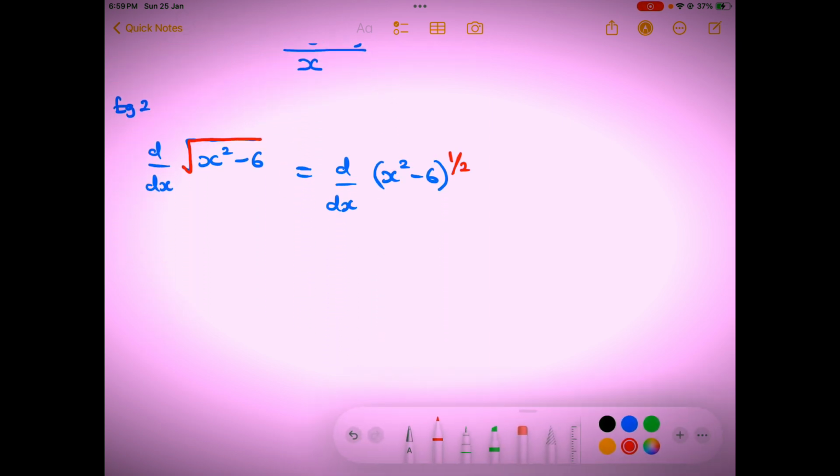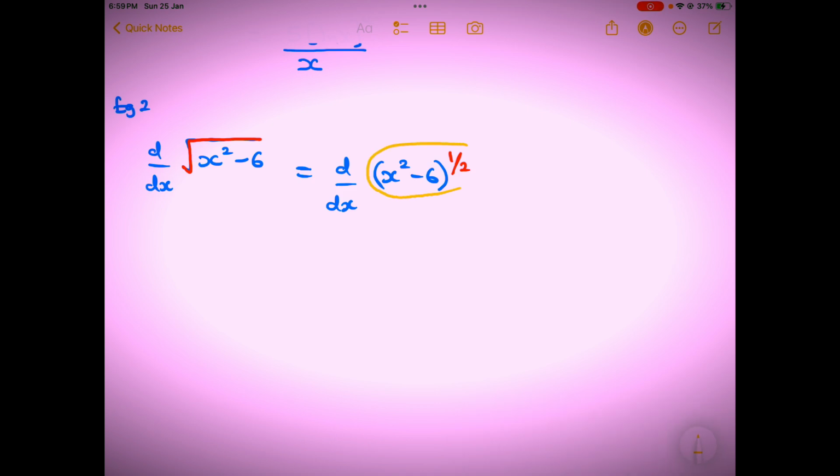So guys, from here we are not done. We are now going to take the derivative. So first, we are going to take the derivative of the outside function. This is the outside function, everything. We can take the derivative of this by using the power rule. According to the power rule, this power 1 over 2, I'll move it down.